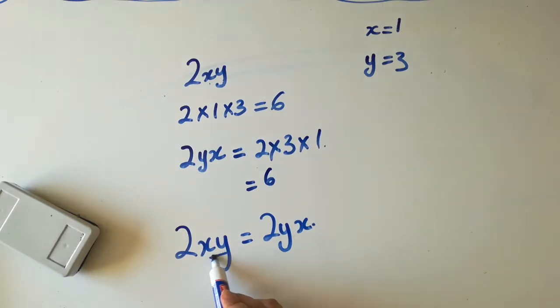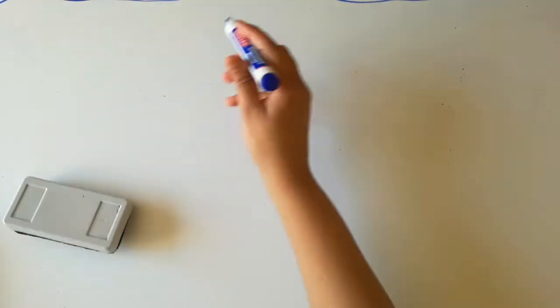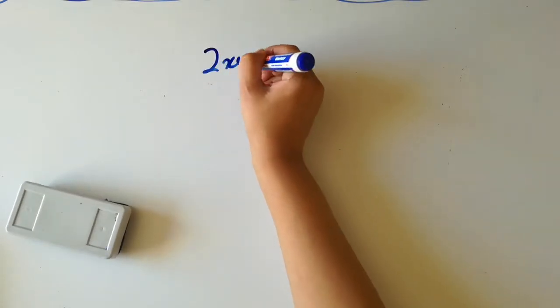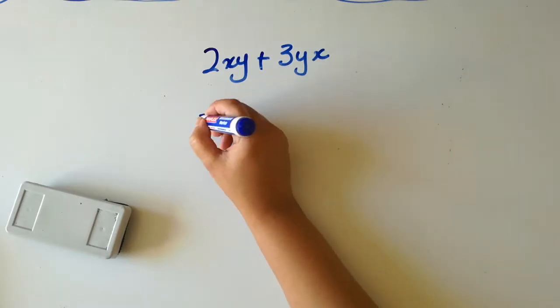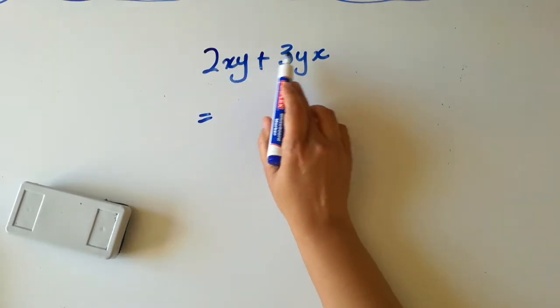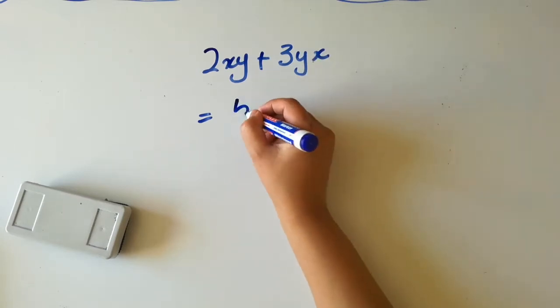That means xy and yx are like terms. So getting back to our question, where we had 2xy plus 3yx, we know now that these are like terms. So 2xy plus 3yx will give us 5xy.